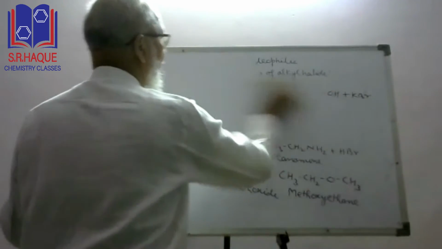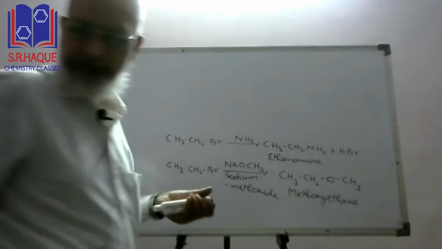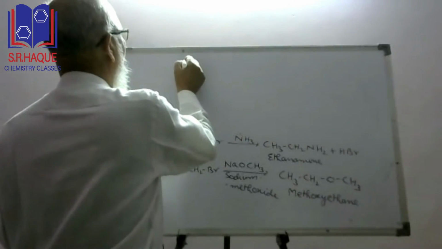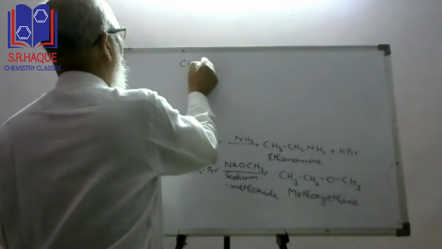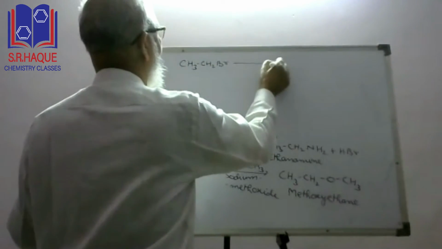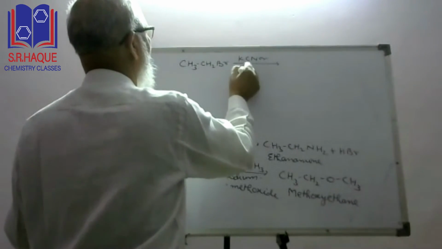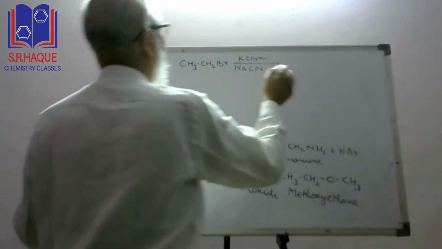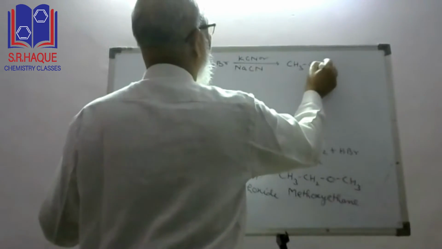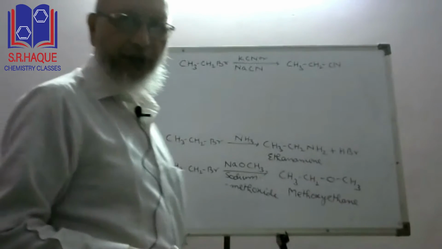Now, if alkyl halide reacts with alkali metal cyanide, there is formation of alkyl cyanide. As for example, if we take CH3CH2Br, and it is reacting with KCN or NaCN, there is formation of CH3CH2CN, and if we take KCN, there will be formation of KBr.